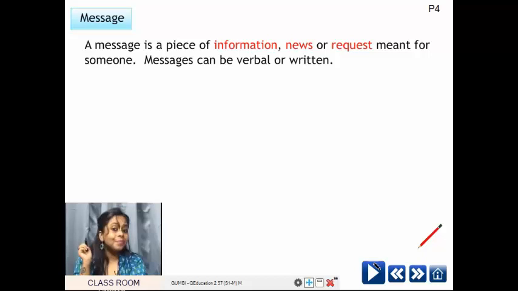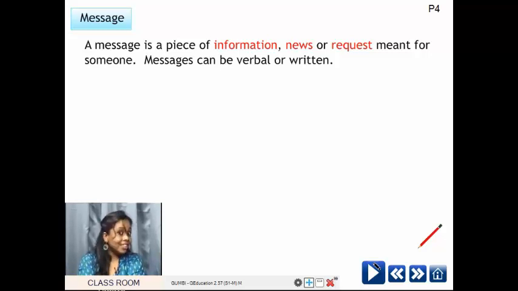How verbal? Can you tell me how it can be verbal? When a person is just in front of you, no need to write. If somebody tells me something and tells me that I'll have to inform it to another person, then when I meet that person, I can give the message verbally. That's called verbal.